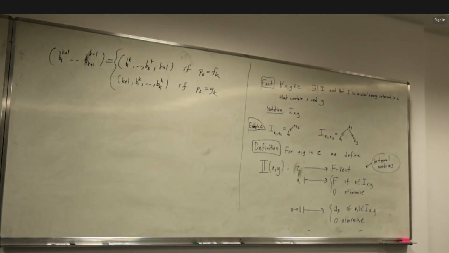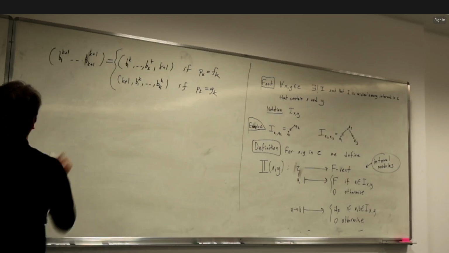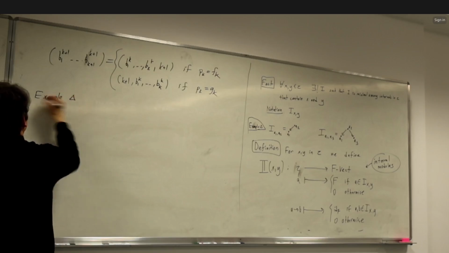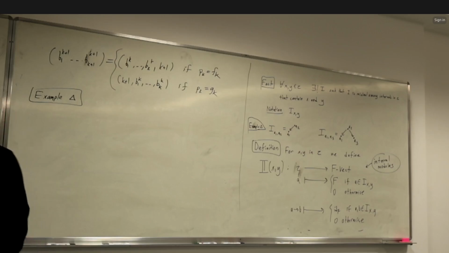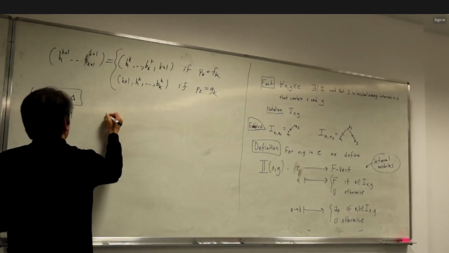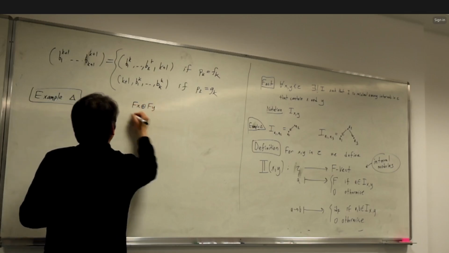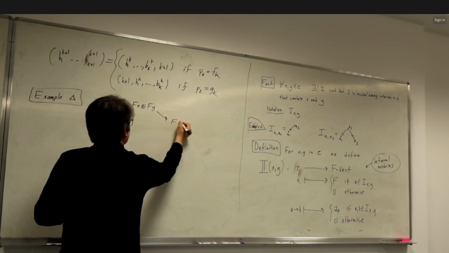Okay, let's discuss this on the example triangle. Now, I remember I had Fa, Fx plus Fy, and then I had Fb.